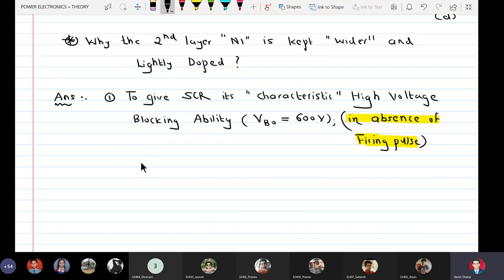In both forward and reverse bias conditions.